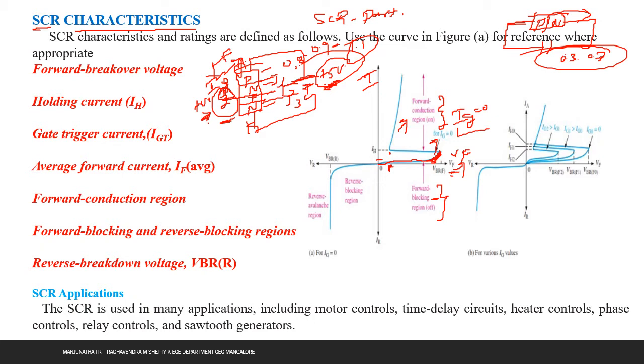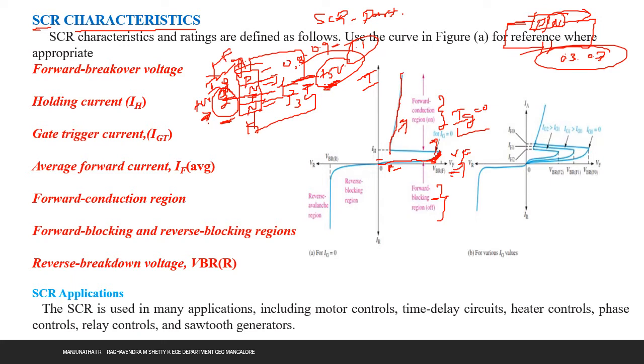Once we have broken the three PN junctions, for a small value of voltage also, we are able to observe a large value of current across the SCR.